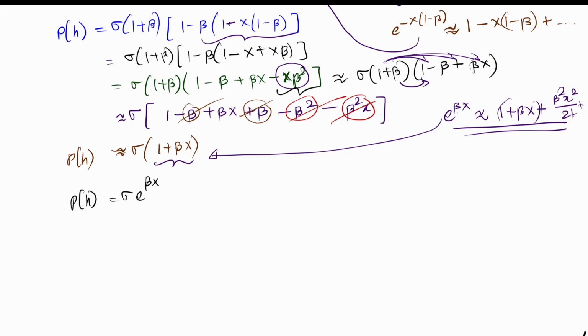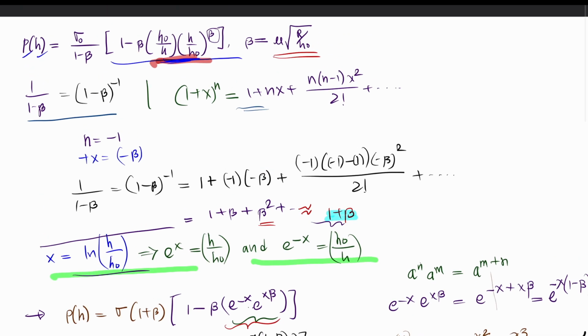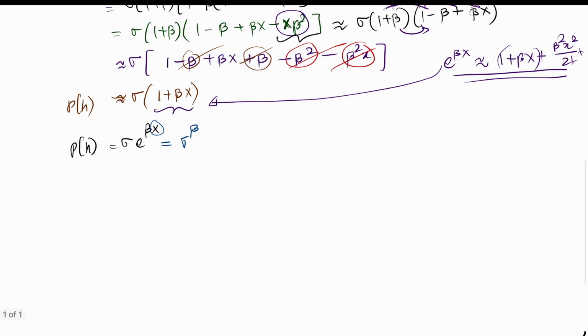So this can also be written as sigma times e raised to beta times x. What is the x here? The x that we have assumed is this one, ln h by h naught. So I have to write ln h by h naught, which by using the law of logarithm I can shift as the power.